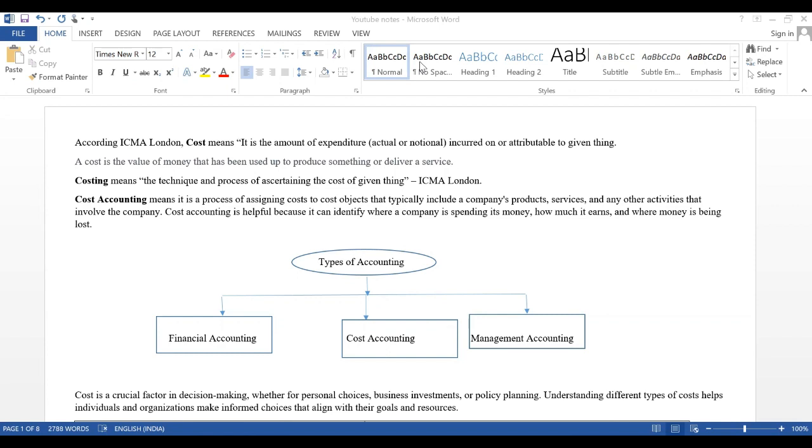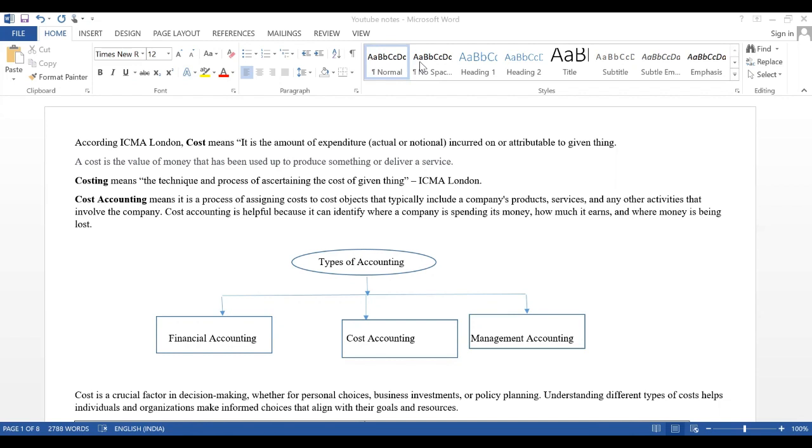So how much you have spent, what is the cost of material, what is the cost of service, product, or any other activity, the assessing of that process is called cost accounting.